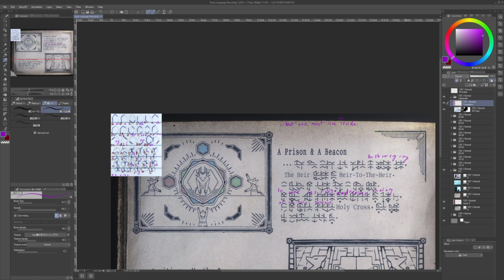Getting there. Outside the shivering ring. The air. Shivering ring is such a weird name. The air.